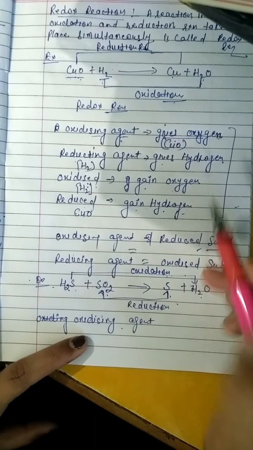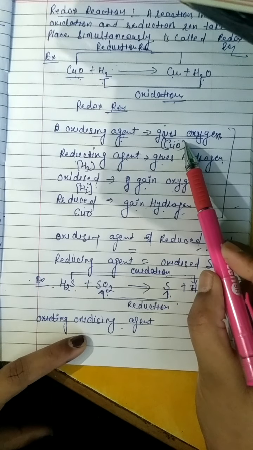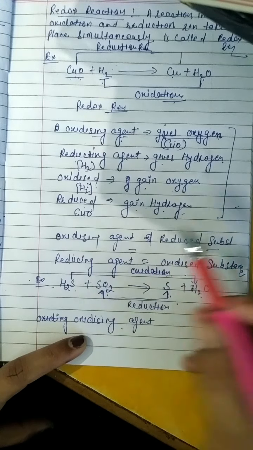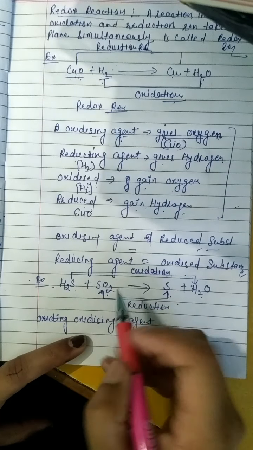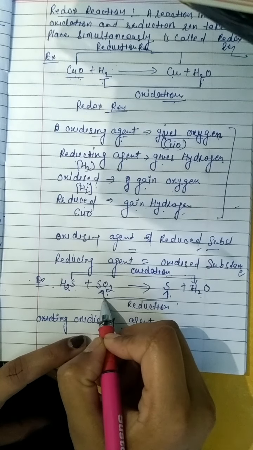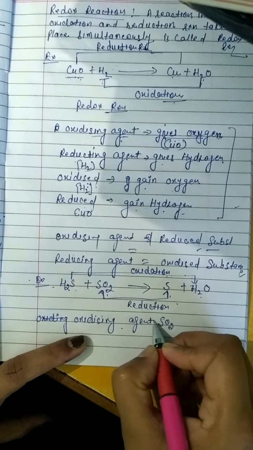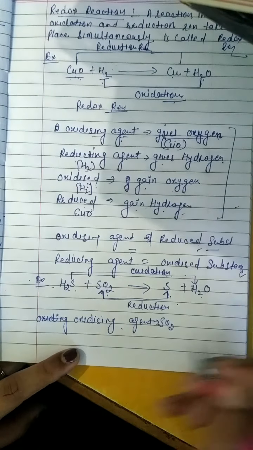Oxidizing agent is that gives oxygen. According to the definition, that gives oxygen. From this, now what is the oxidizing agent? This one. जिसके पास होगी वही देगा ऑक्सीजन. So sulfur dioxide behaves like a oxidizing agent.